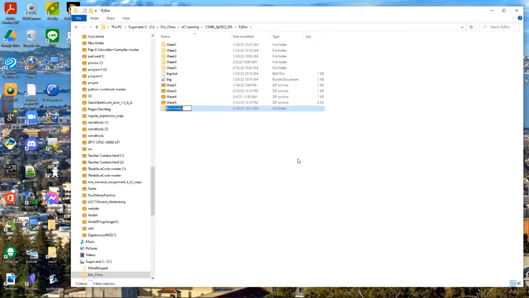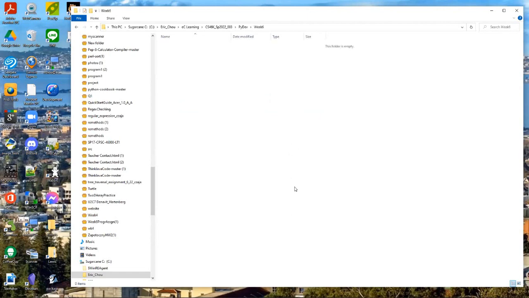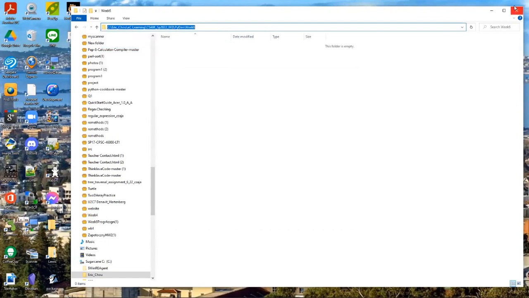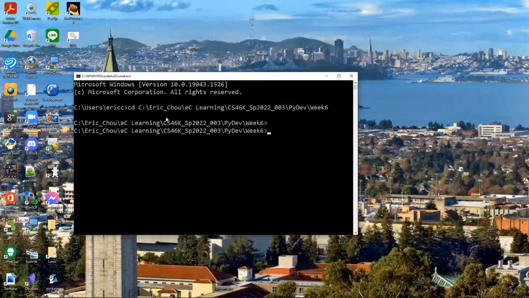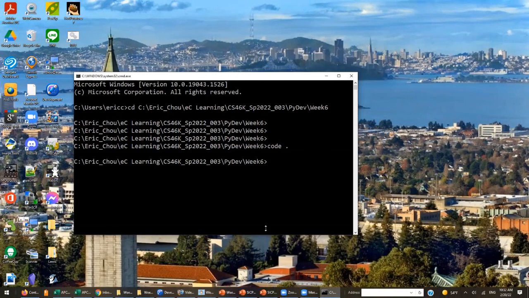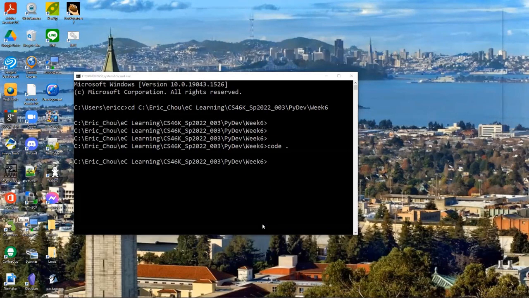This is week 6. That's demonstrated by a maximum function, okay?